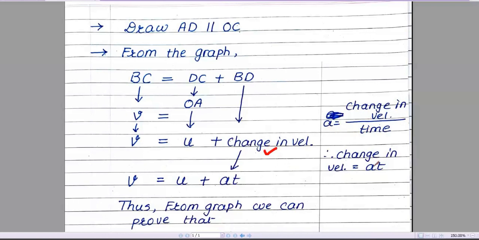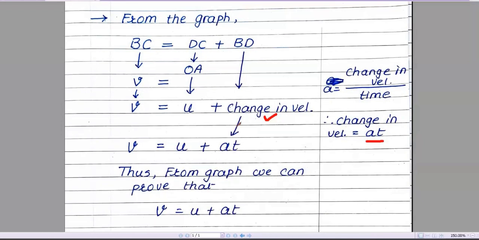With that, we can say that change in velocity is equal to a multiplied by t, that is at. And now, this BD, which is actually a change in velocity, will be replaced by at. So, here you can see that v is equal to u plus at.